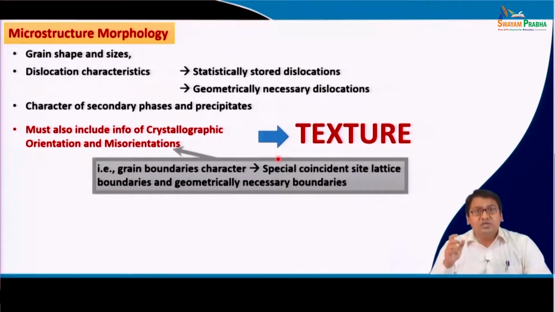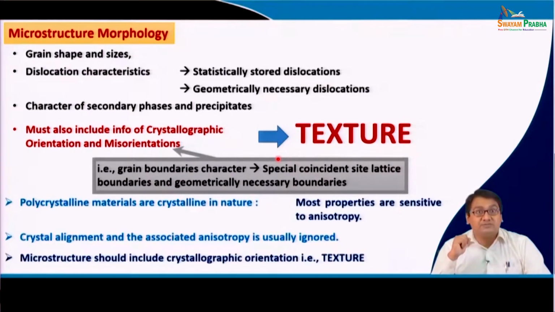Misorientation, on the other hand, is basically related to grain boundary character, which could be related to the special coincident site lattice boundaries and also to the geometrically necessary boundaries, which have smaller misorientation as compared to the grain boundaries.